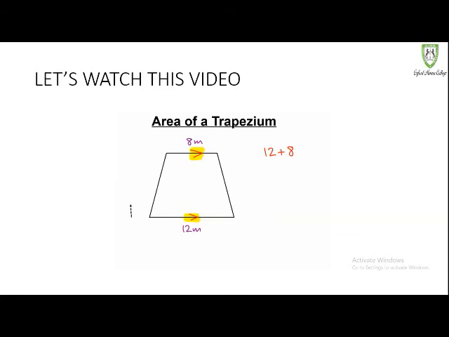We would now measure the perpendicular height. So in this case it was 10 metres, and we would times that 10 with the length of the parallel sides that we've already added. Now there's one final thing to do. Just like the triangle, we have to halve our answer. This gives us an overall area of 100 metres squared.